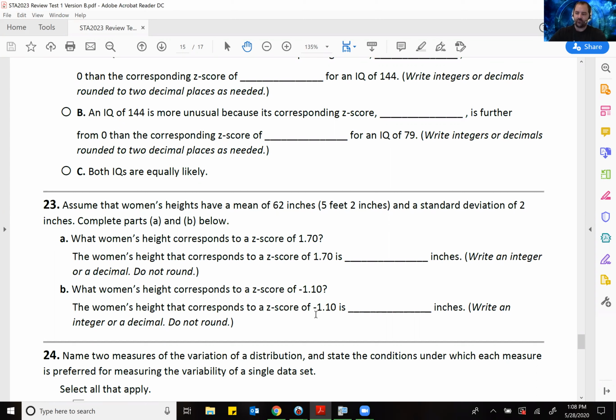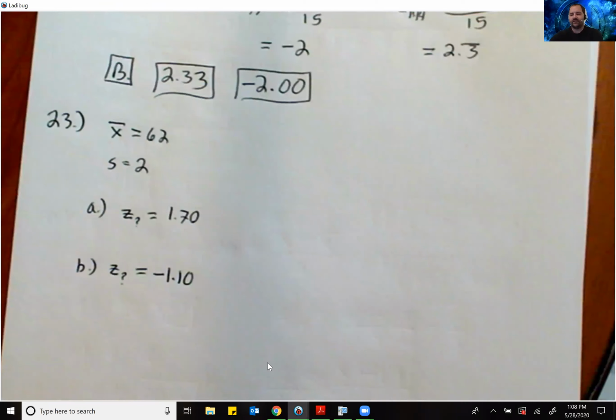We've done this before, back on number 21. So what's the height of someone that has a z-score of 1.70? And what is the height of someone that has a z-score of -1.10? All they're asking you to do is work backwards.